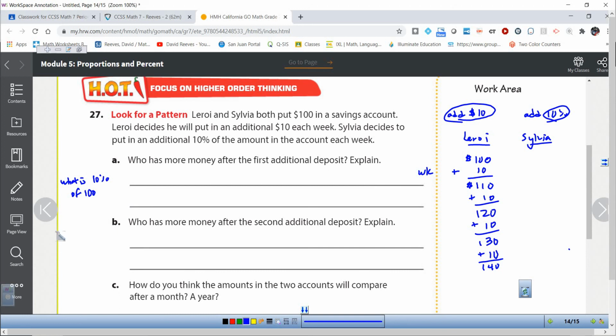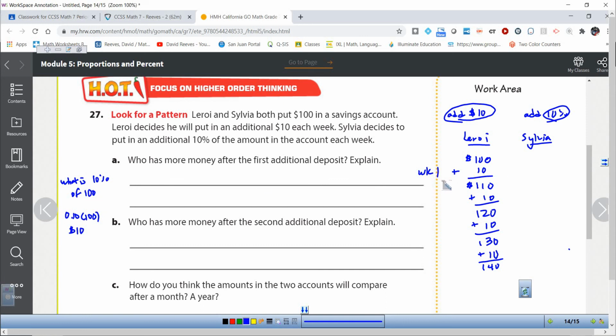Well, 10% as a decimal is 0.10, and we multiply by 100, and guess what we get? We get $10. Guys, 10% is 1/10. If you want to know 10%, you can just divide by 10.